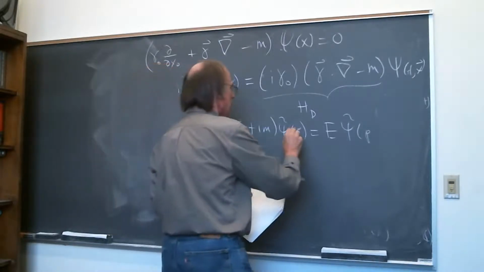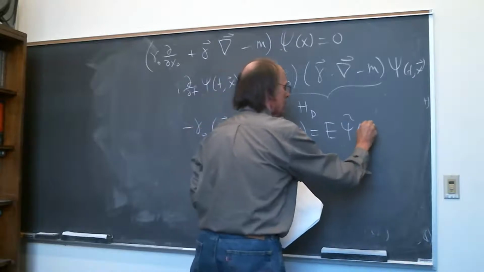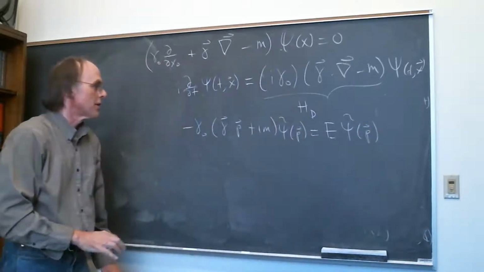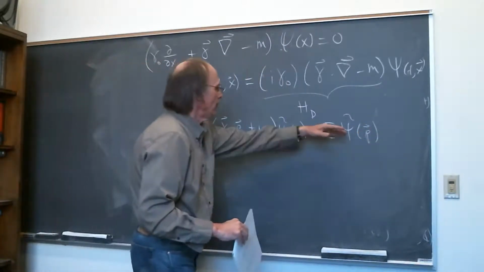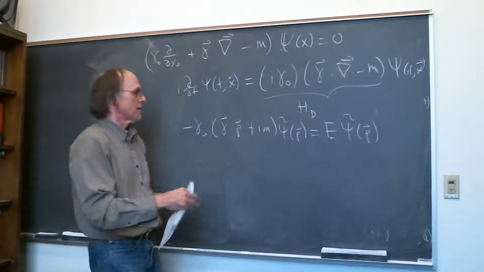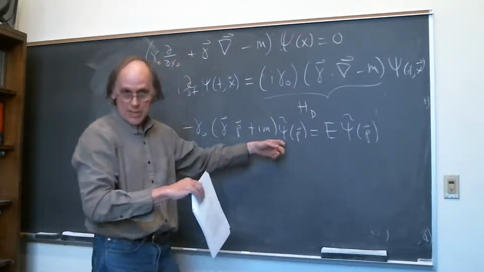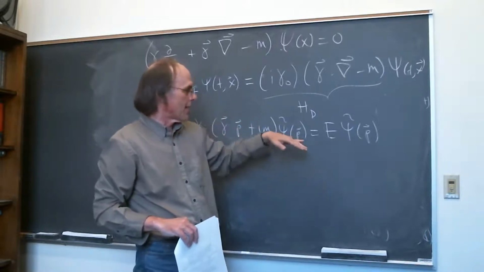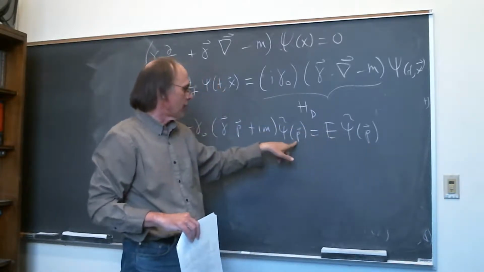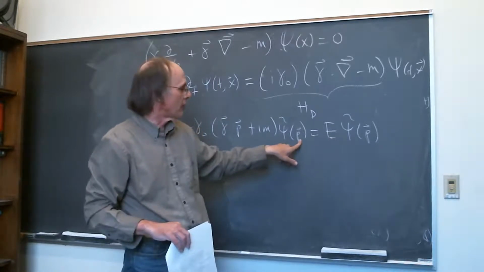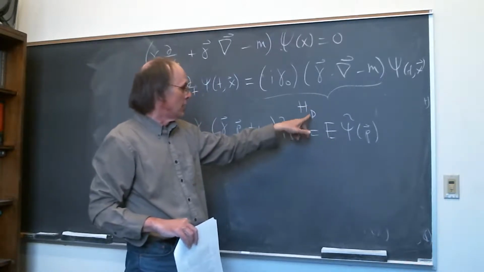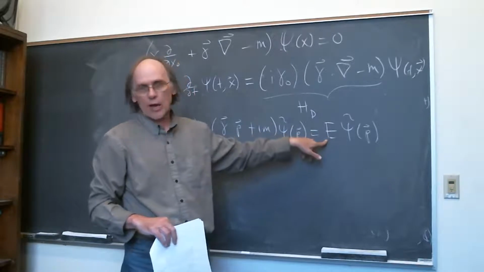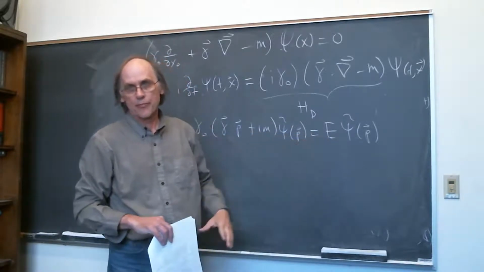So what you're going to do is solve this in Fourier space by looking at the data at time 0, Fourier transforming it to make it a function of p, and then looking at the energy eigenvalue equation, which is this.